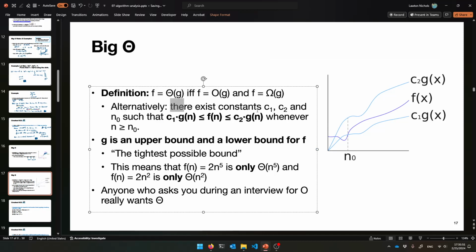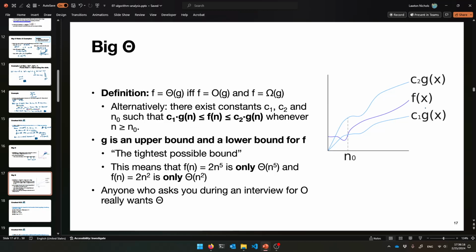It's all right, there are two constants, right? One for the big O part and one for the big omega part, and an n naught, and just take the bigger of the two original n naughts, such that f of n is sandwiched by g of n. It's bounded below by one constant times g of n, and it's bounded above by another constant times g of n when n is bigger than some n naught.